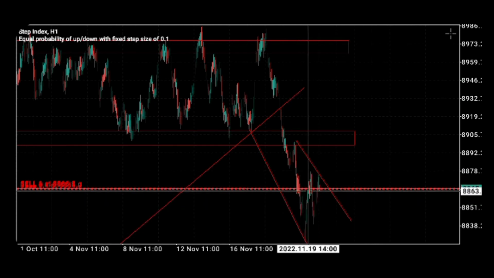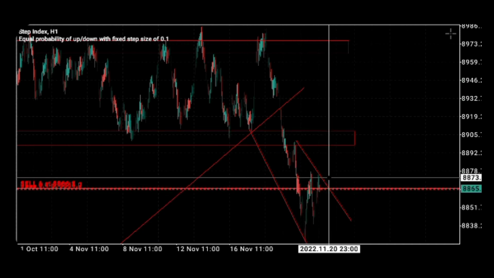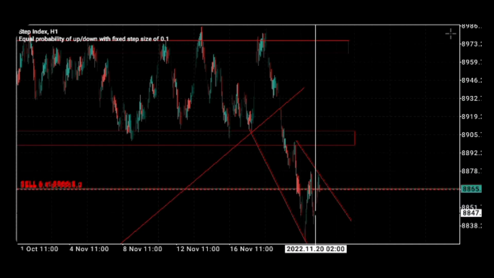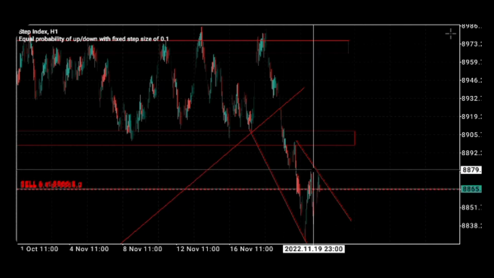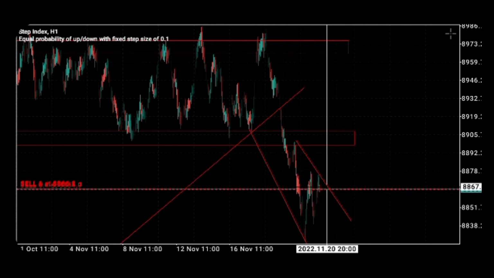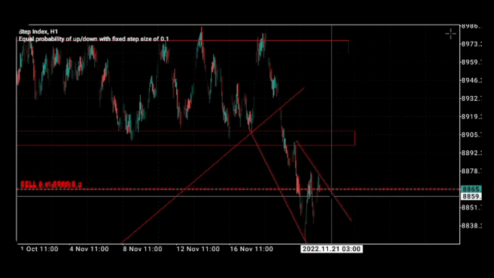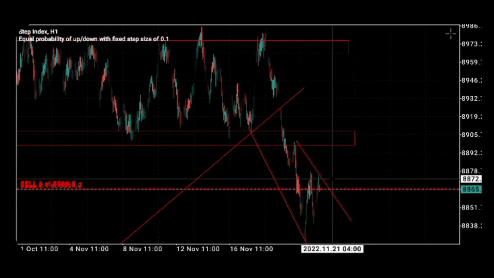It will be a buy, but a short-term buy, which we call a pullback or a last kiss. That is how we call it.